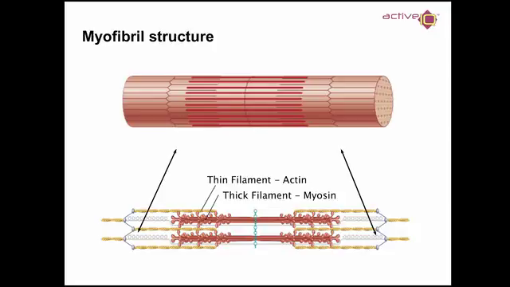The difference between the two gives us potential for energy, like having stored electricity ready to go. But that energy can't be released unless we have the presence of calcium and ATP to make that happen. And the arrival of an action potential at a neuromuscular junction, that's where the nerves meet the muscle.